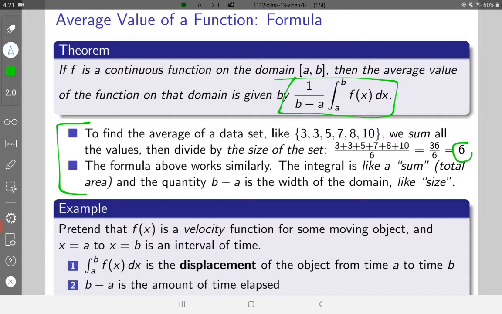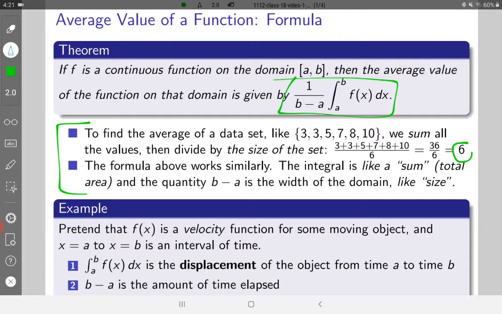Think about how the formula given in the green box at the top is doing exactly the same thing. The integral is kind of like the sum, or it's the total area under the function f. We even talked about in class how the definite integral symbol itself is an elongated S, which comes from sum, for Riemann sums, for adding up the areas of rectangles and taking a limit, all that stuff we discussed.